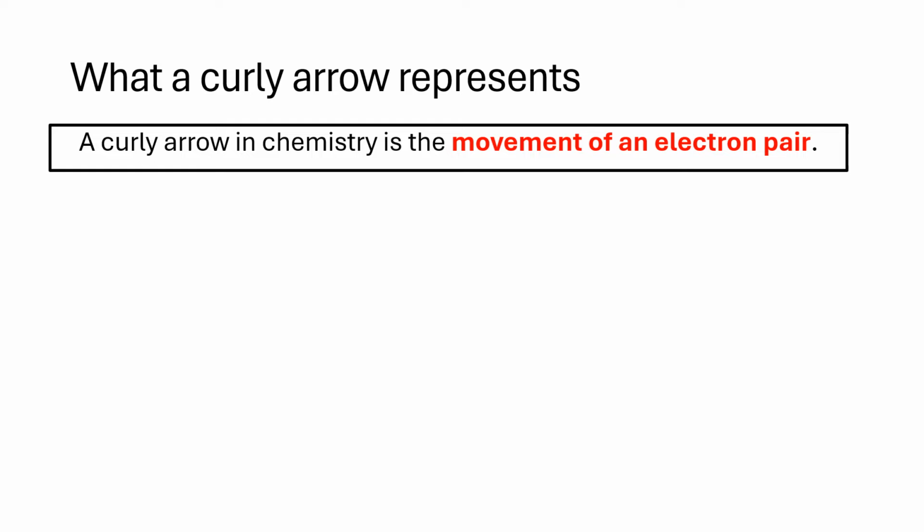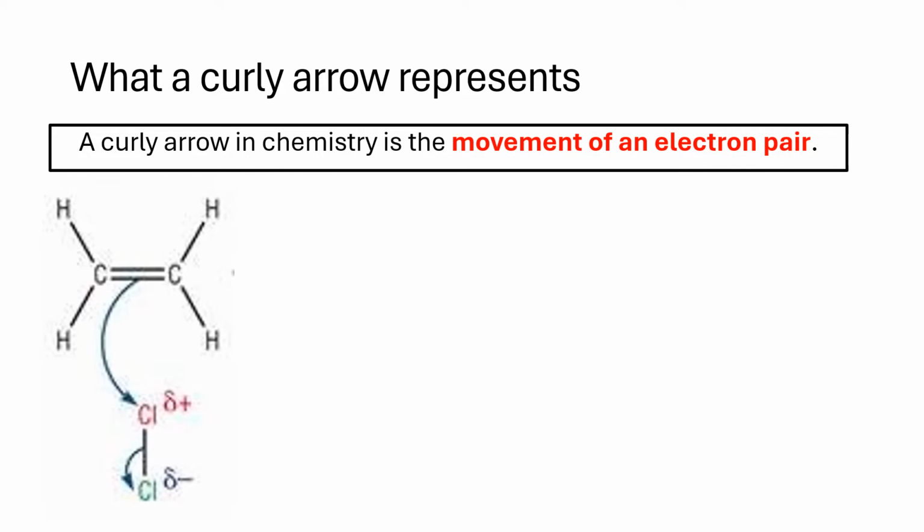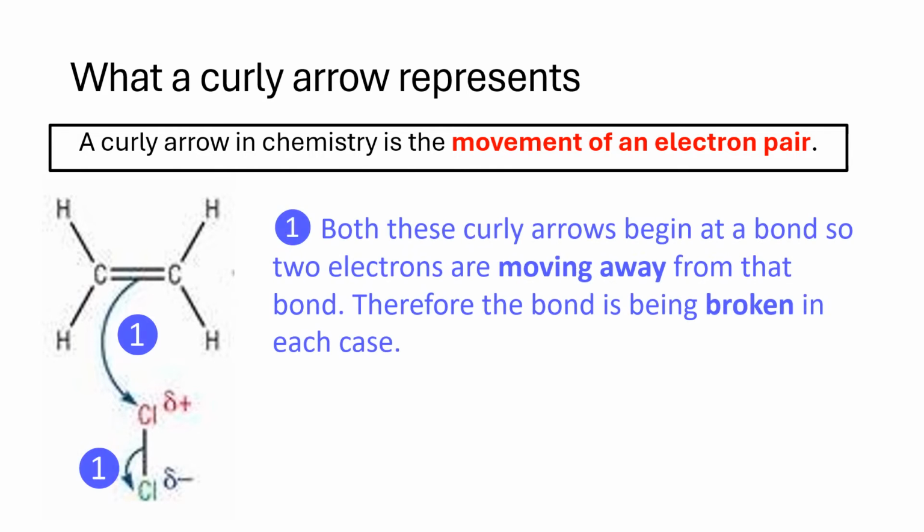We've got to go back to what a curly arrow represents. The basic idea is it's the movement of an electron pair. So if we look at a common example from first year chemistry, this is the beginnings of the electrophilic addition mechanism. Both those curly arrows involve the breaking of a bond because they move away from a bond, each of them.